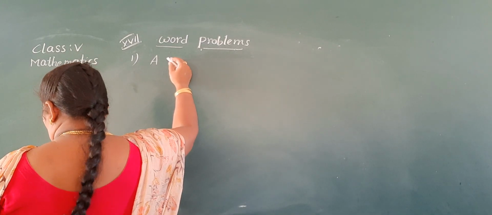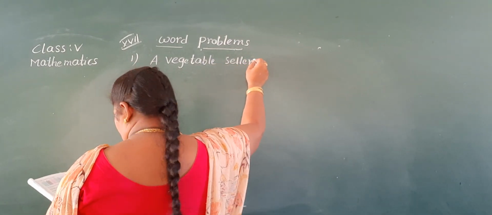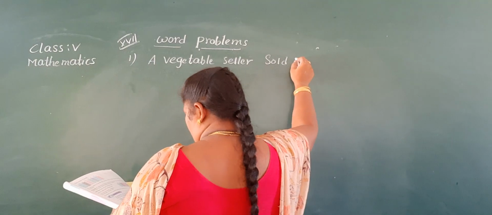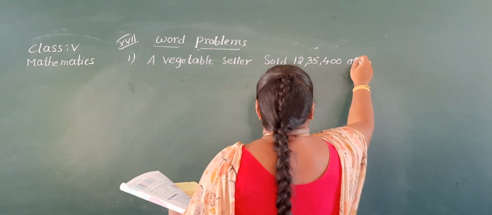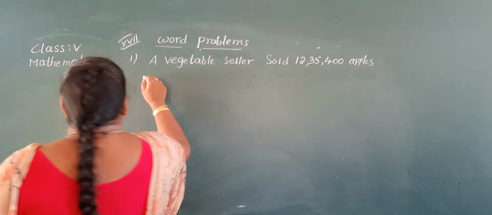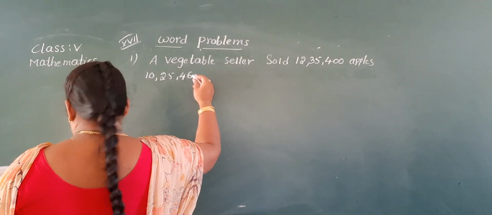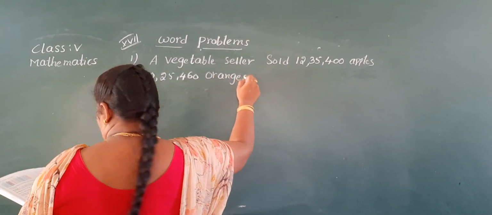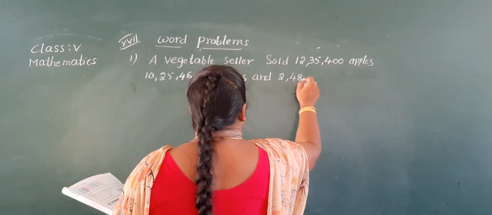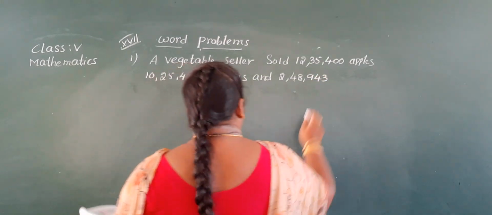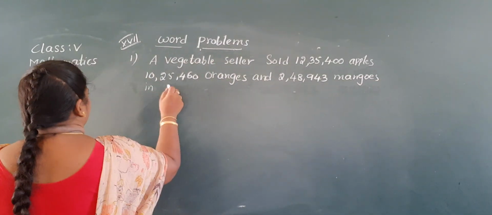So if a vegetable seller sold 12,35,400 apples, write down along with me children, 10,25,460 oranges and 2,48,943 mangoes in a year.